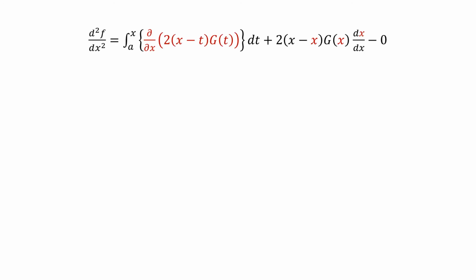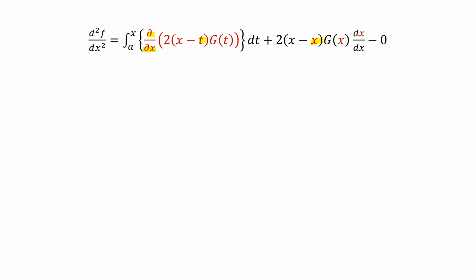So by DUIS rule 2, we will get d2f by dx square is equal to the integral from a to x. This d by dx will go inside the integral and convert to del by del x of the whole function, that is 2 into g into (x minus t) into g of t whole dt, plus 2 into x, and in place of t you have to put the upper limit, that is x, into g of t.